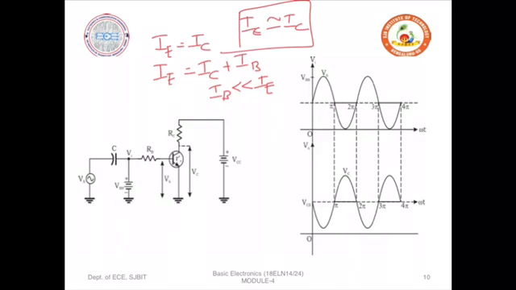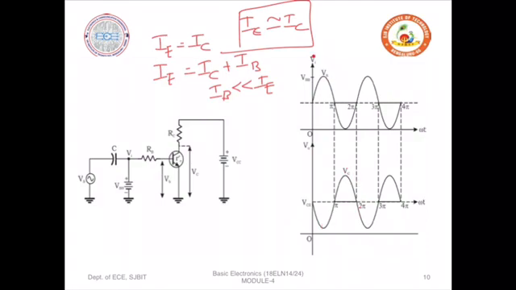Here the AC input voltage, which we call Vs, produces an AC base current, which results in a much larger AC voltage across RC, which is amplified as well as inverted.